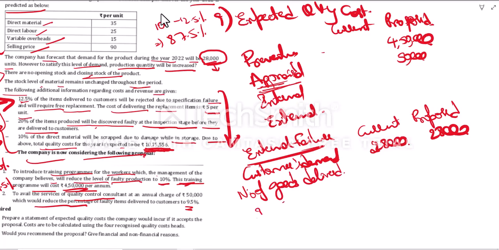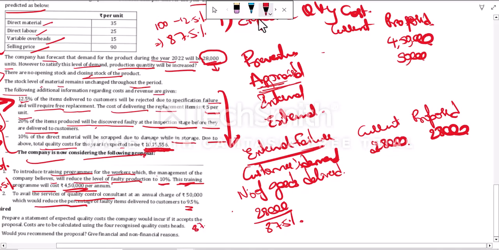If 28,000 is the accepted goods and it is only 87.5%, then only 87.5% of goods are accepted.